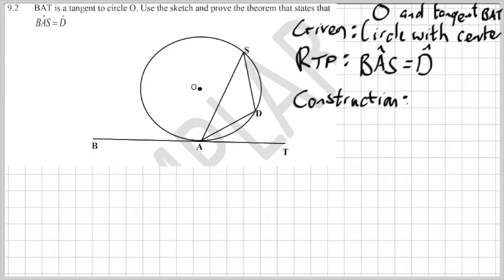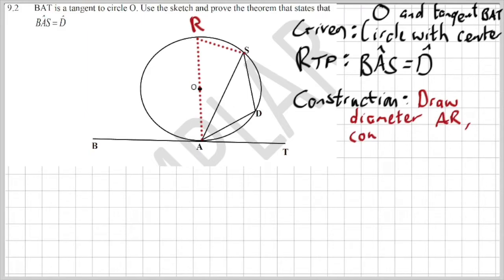My construction is to construct the diameter AR and connect RS. For this, I also label the angles in a specific way, just to make life easier.